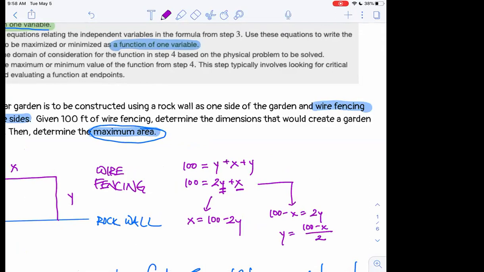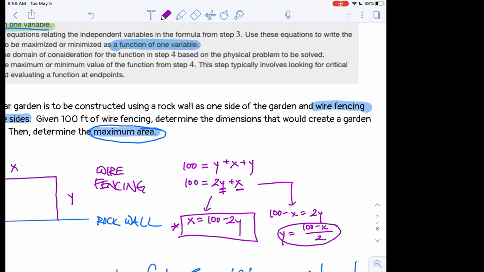One of them, though, looks a little bit easier to work with than the other. To me, the first one I did was easier for 2 reasons. One, I only had to subtract the 2y. That I can do, so it was only one step. The second one to me is harder for 2 reasons. It was 2 steps, but also I'm going to end up with some sort of fractions here, and I'd really rather not deal with fractions if I don't have to.